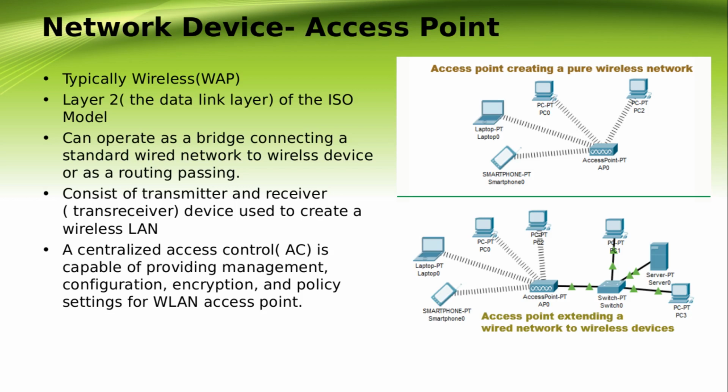An access point is the device that allows multiple wireless devices to connect with each other, just like a hub or switch connects multiple devices together in a single or multiple wired LAN networks. An access point connects multiple wireless devices together in a single wireless or multiple wireless networks. An access point can also be used to extend the wired network to wireless devices.